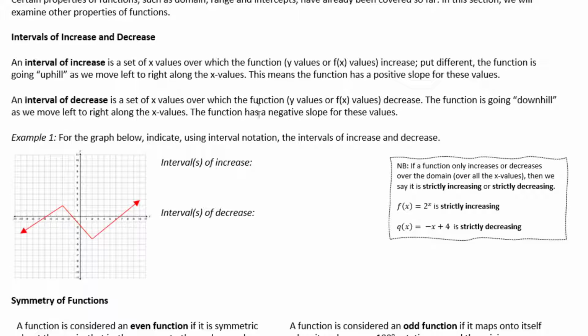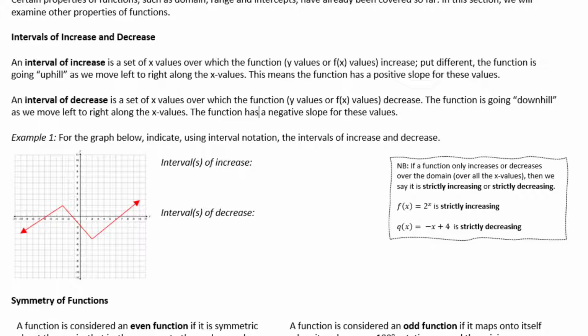For the graph below, indicate using interval notation the intervals of increase and decrease. So if I were to look at interval notation here, I need to identify the parts of the graph that have intervals of increase. And if we look very closely, we can see that the graph continues on forever towards negative infinity, and it increases until we get to x is equal to -3.